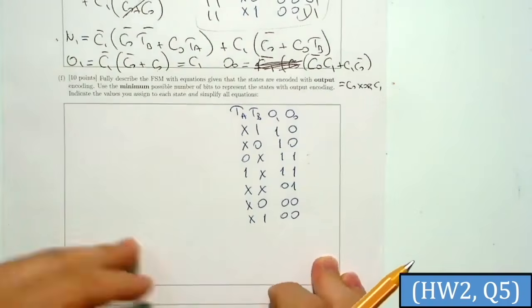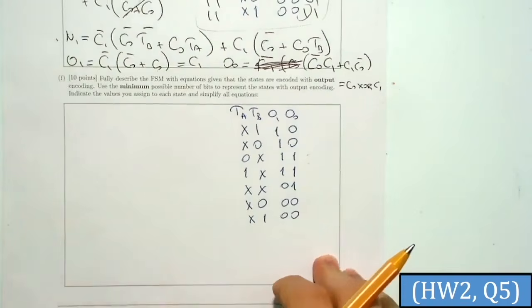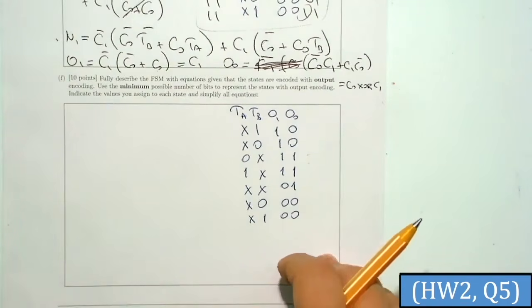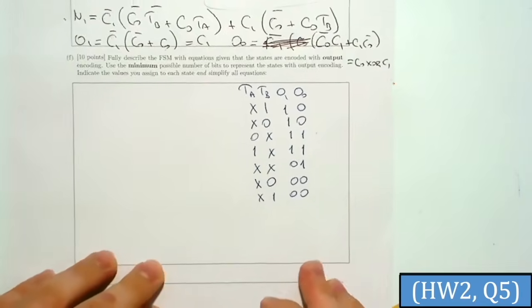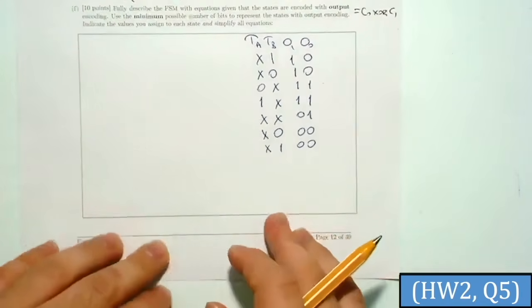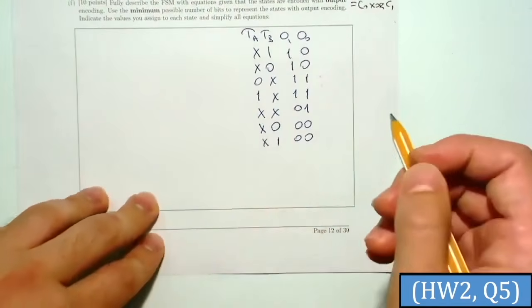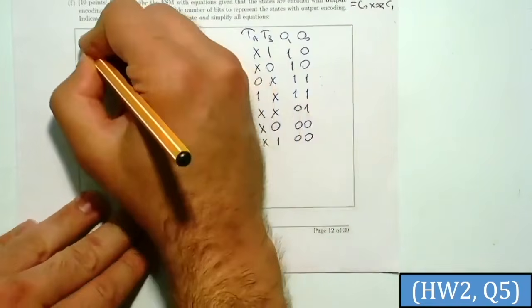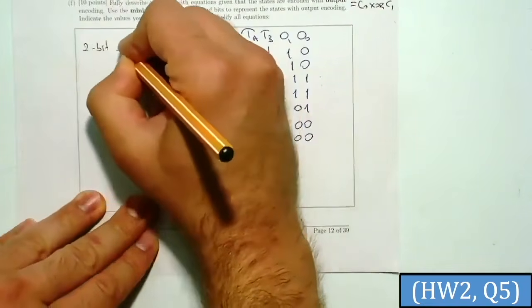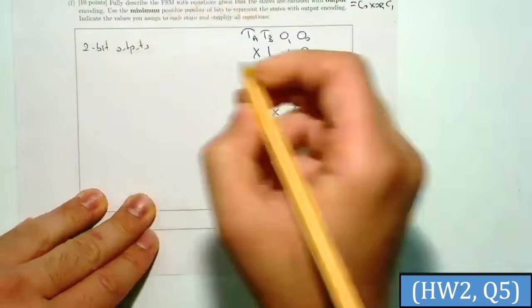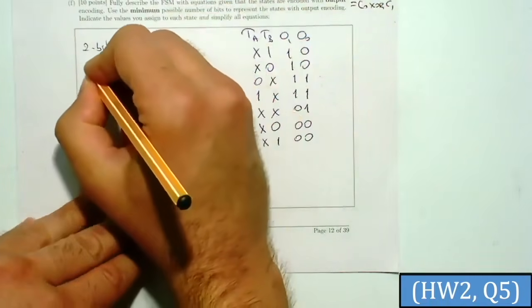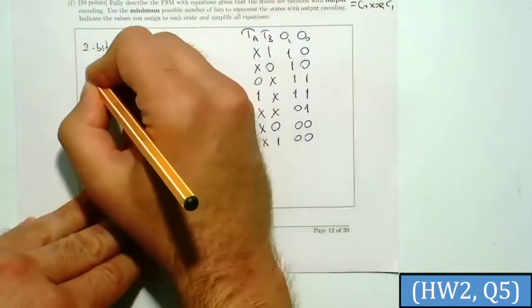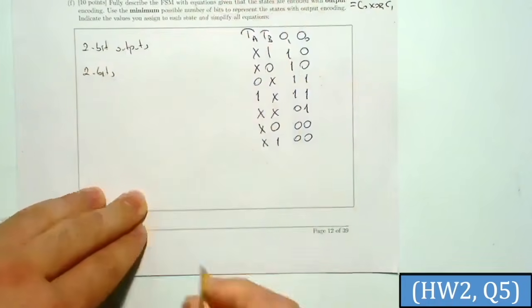So how can I ensure beforehand without writing the truth table and the circuitry? I'll show you how I did it in this question. So I have 2-bit outputs, and for the states I can use, let's say, 2 bits at least.